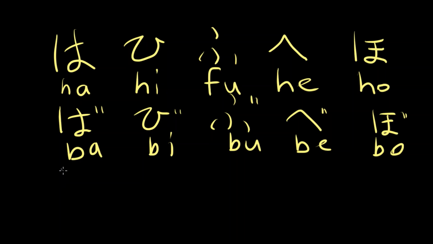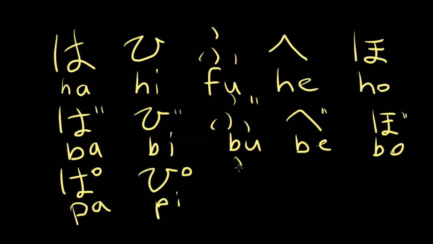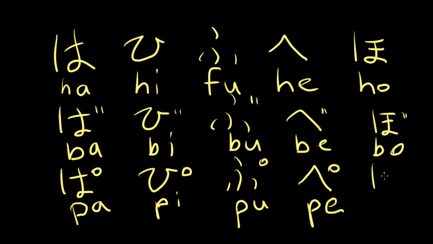Maru just means circle. So it literally looks like that. You put a circle next to it. So it becomes a P sound. So pa, pi, pu, pe, and finally po. So ha hi fu he ho, ba bi bu be bo, pa pi pu pe po.